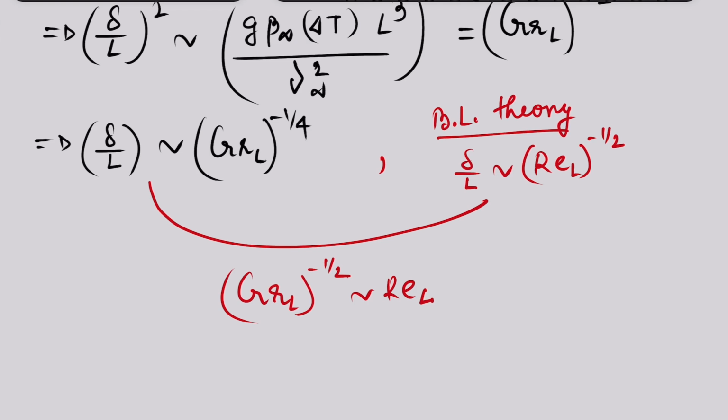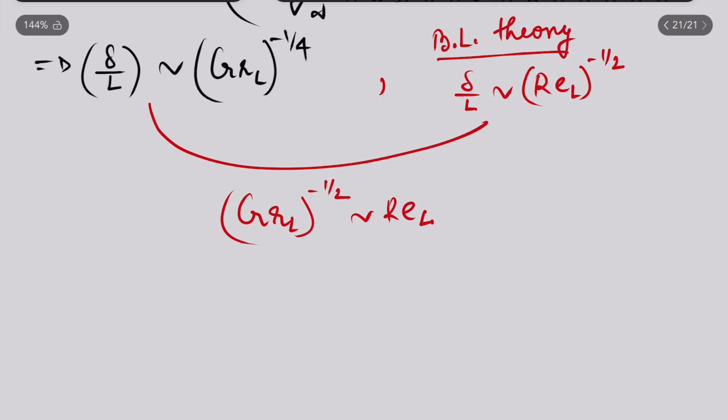So this kind of analogy is very important, and also the basic significance of Grashof number, the buoyancy force by viscous force. So if you go to any kind of small interviews like PSU, like any kind of company, then you will see those kind of things.